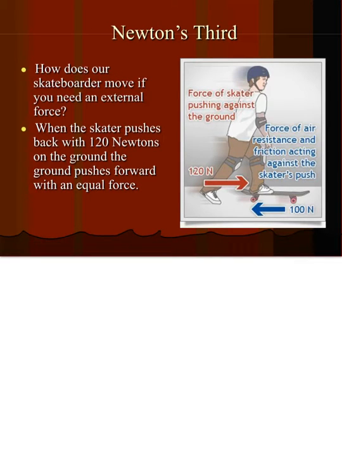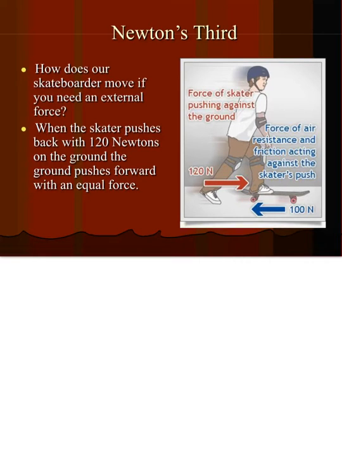Newton's third law basically explains why your skateboarder moves. When you push on the ground, you need a force on you to make you go. So when you push on the ground, the ground pushes back with exactly the same amount of force you're pushing forward with. And if that force is bigger than the force of friction, you'll have an unbalanced force that will change the motion, create an acceleration.